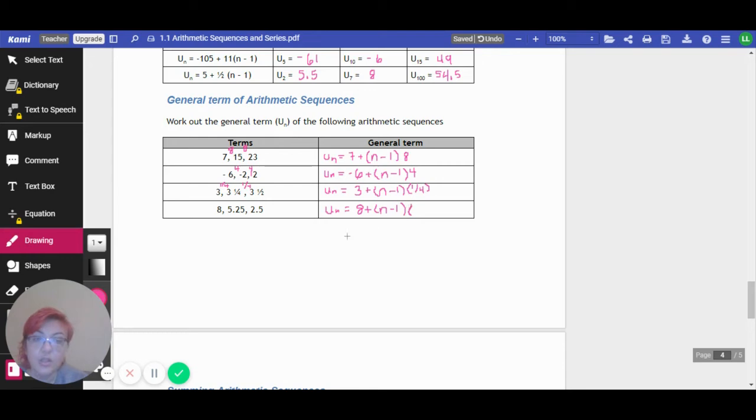Now, you note how these are getting smaller? That means that my common difference is negative. So it is negative 2.75. And there we go. Okay.